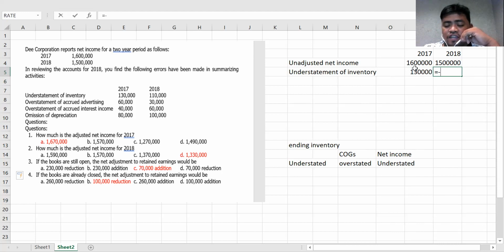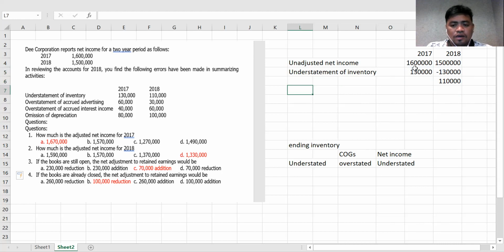If beginning inventory is understated, COGS is understated too, so it will result to overstatement of your net income. So this is actually a counterbalancing error, right? For 2018, it is understated by 118,000.